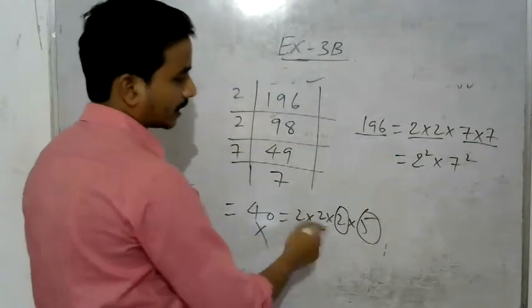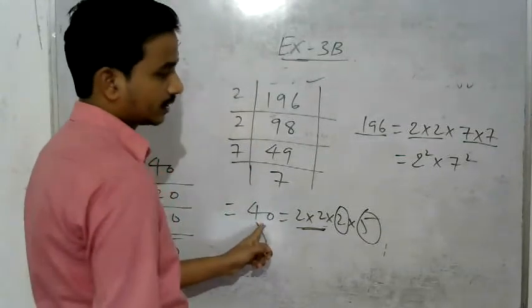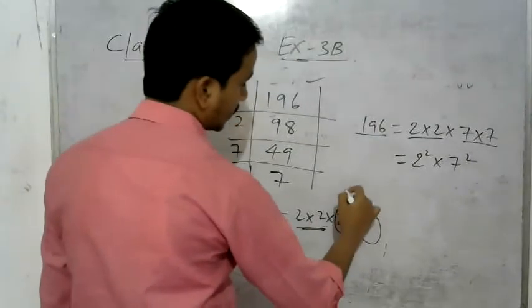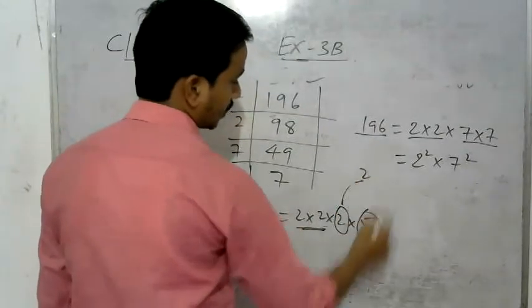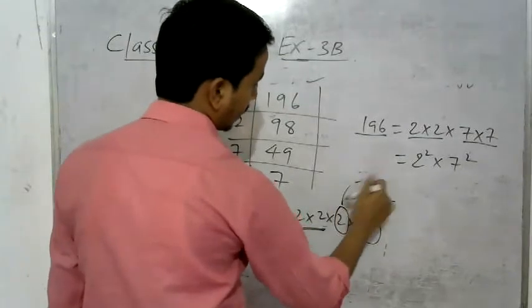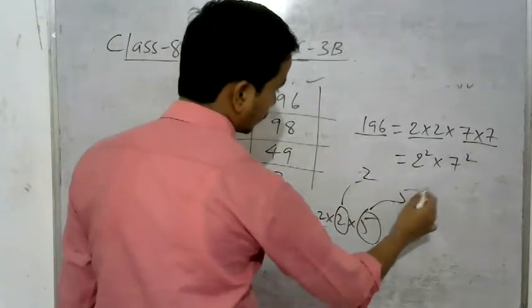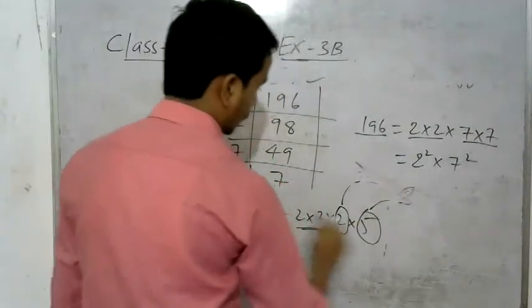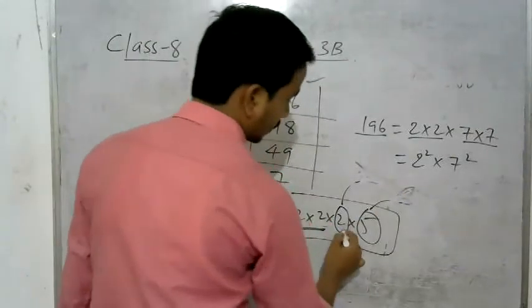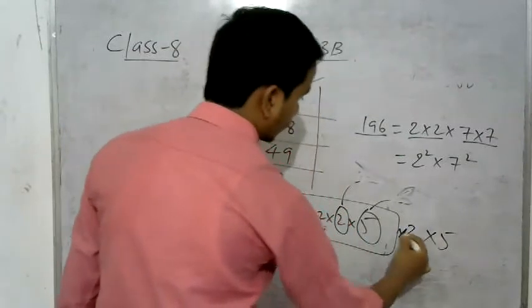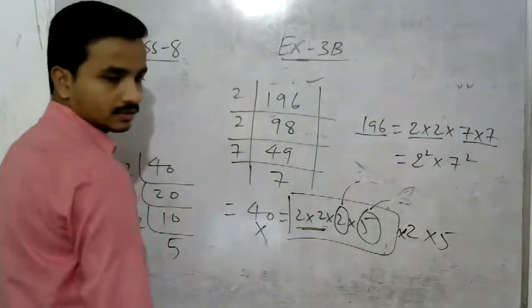So what should be multiplied with 40 so that it will become a perfect square number? We have to multiply by a 2 and a 5, because a 2 and a 5 are missing. If we multiply 40 by 2 and 5, then we will get a perfect square number.